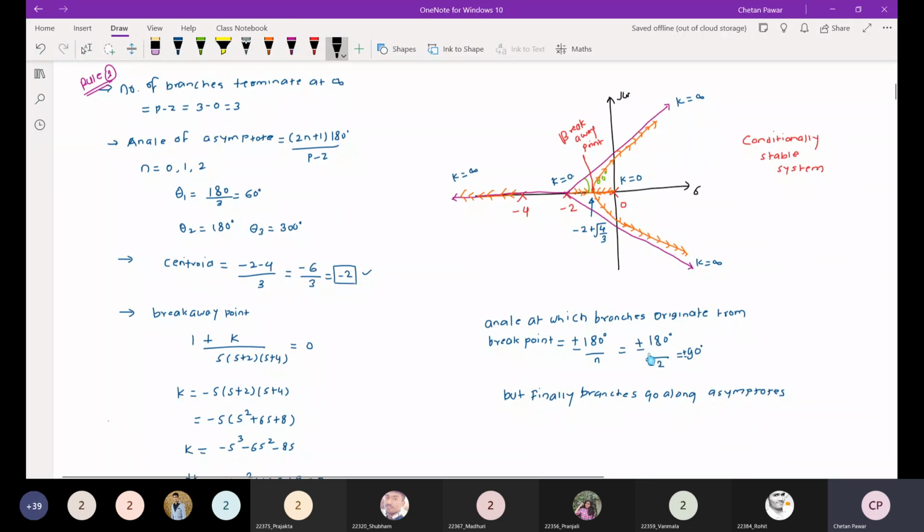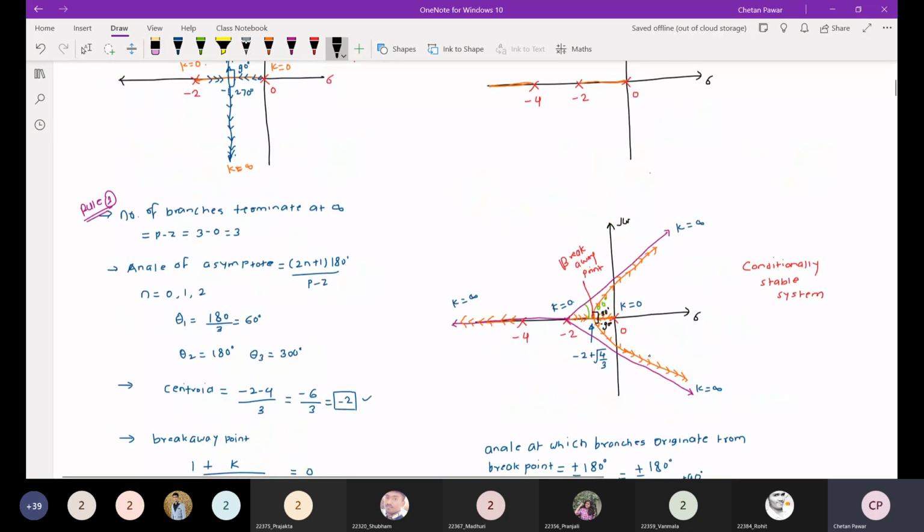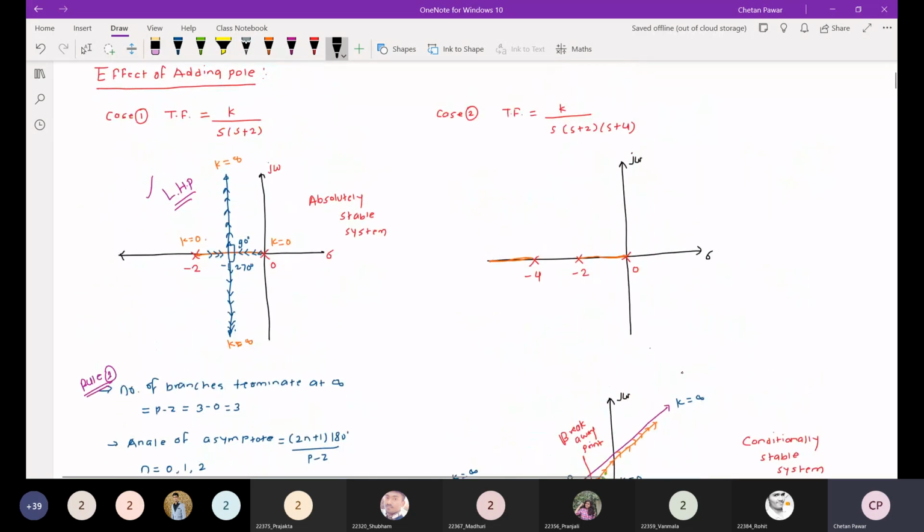So this will be 90 degrees when it leaves the real axis, and this will be minus 90 degrees. Okay, so this way these two branches will leave the real axis and move towards the open loop zeros. Okay, so this is the root locus when we add one pole at -4 into this transfer function.